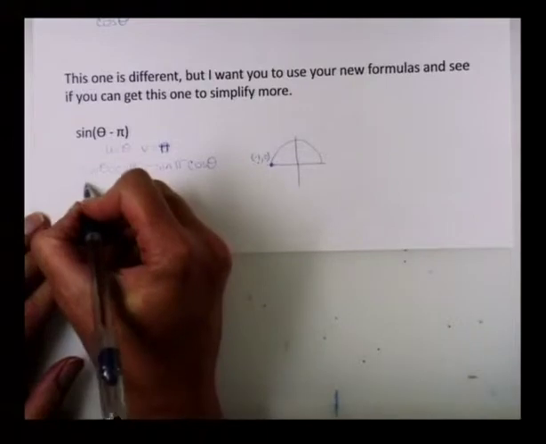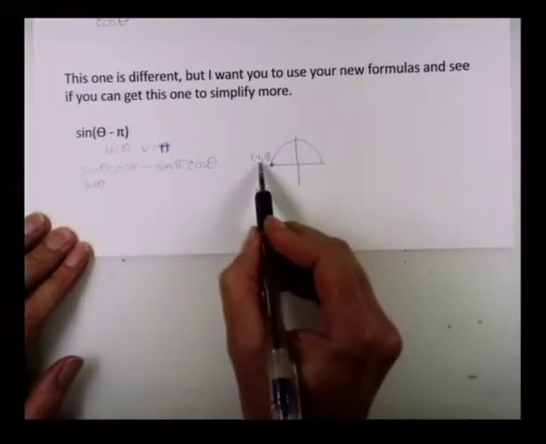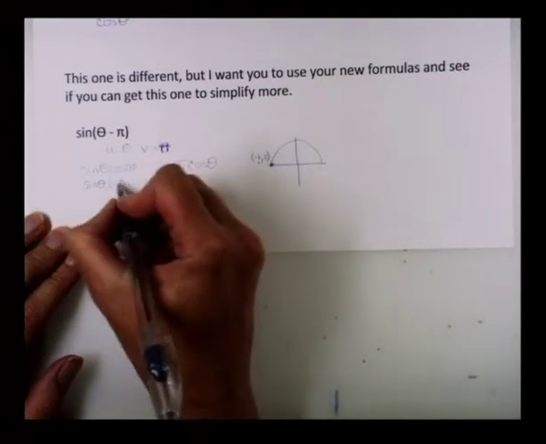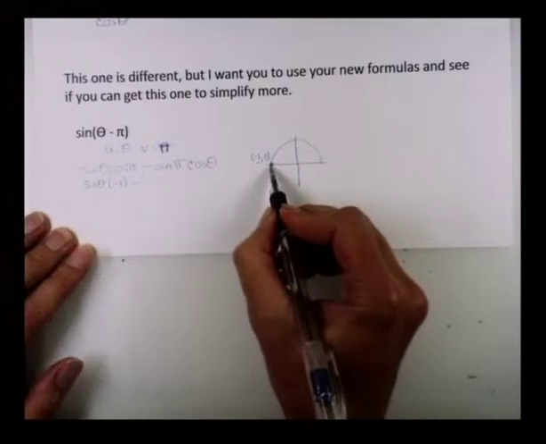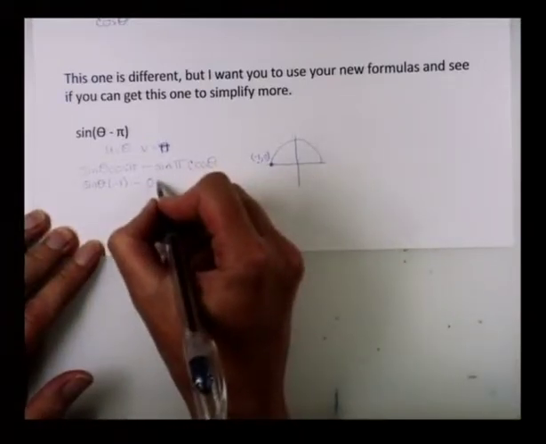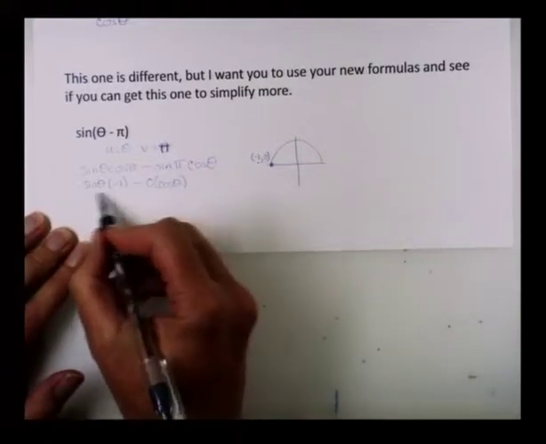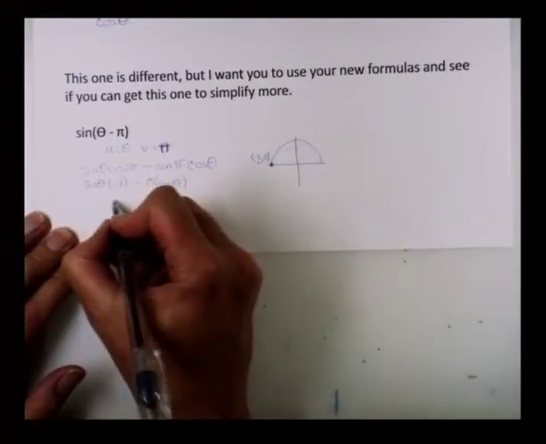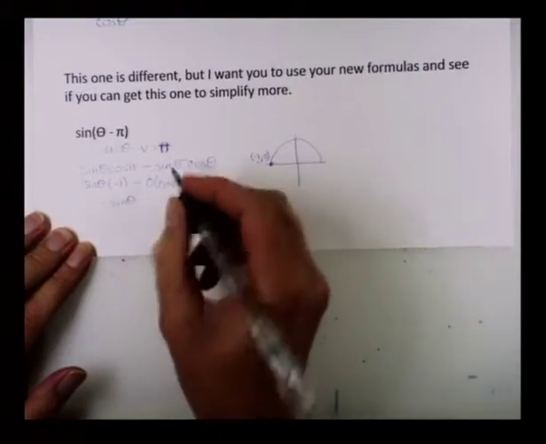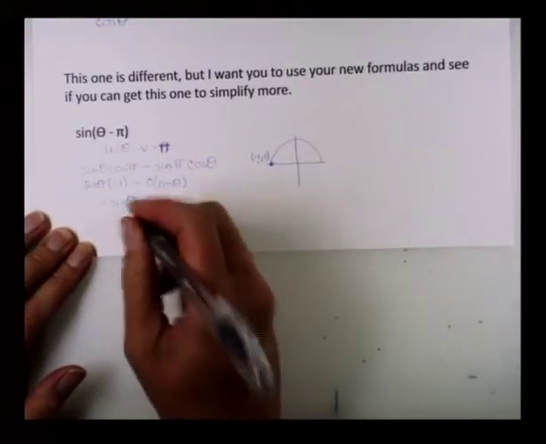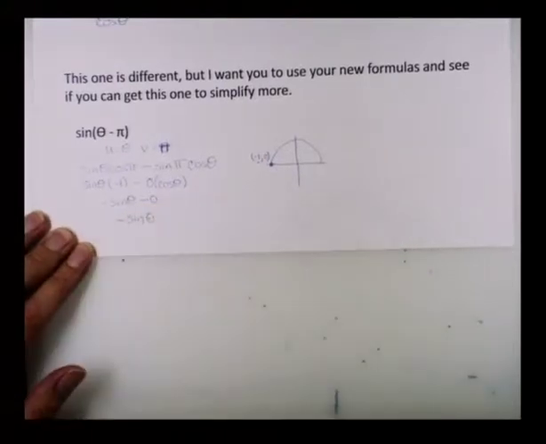So when I start simplifying this, I have the sine of theta. The cosine of pi will be -1. And then the sine of pi is going to be 0 times the cosine of theta. So if I multiply sine of theta times -1, I get negative sine theta, minus anything times 0 is 0, which just gives me the negative sine of theta, and we're finished.